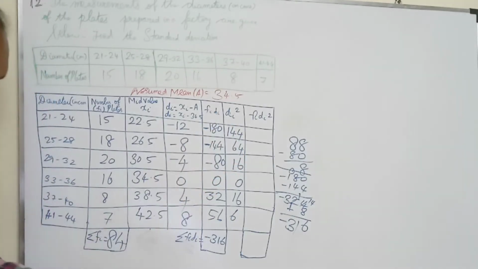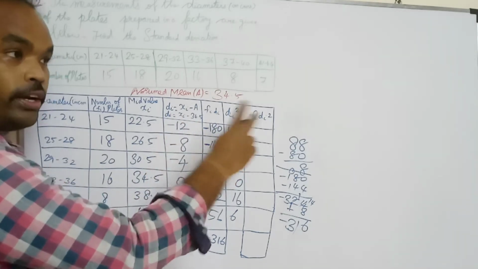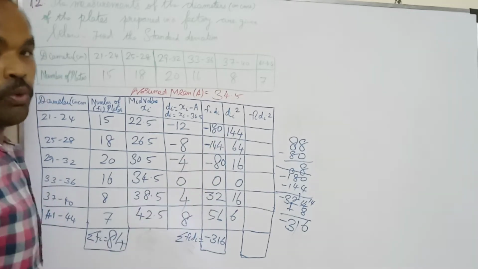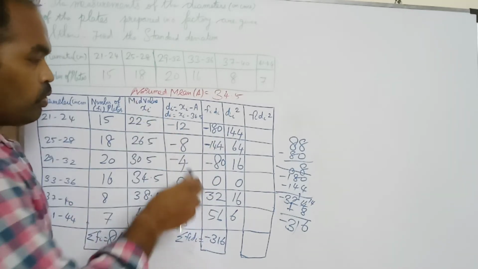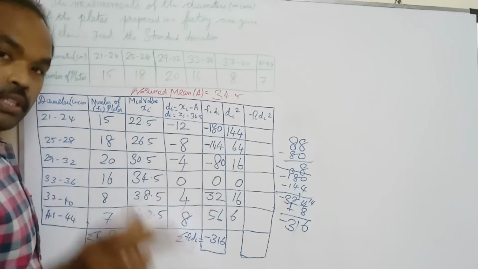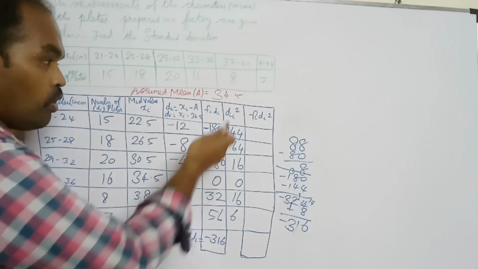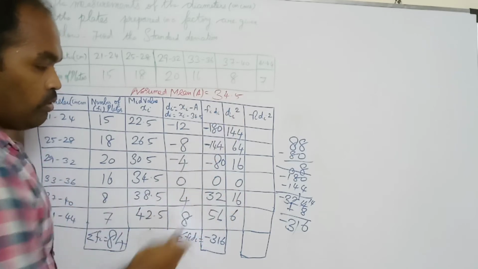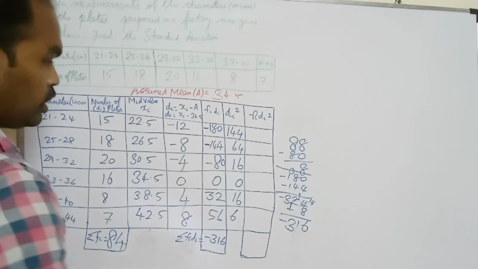Di we are going to do the square. So minus 12 whole square is 12 into 12, plus 144. 8 into 8 how much? 64. 4 into 4, 16. 0 into 0, 0. 4 square. So 4 into 4, 16. 8 square how much? 64.